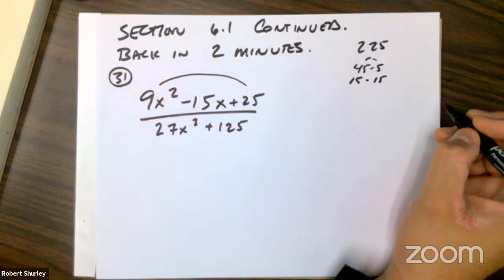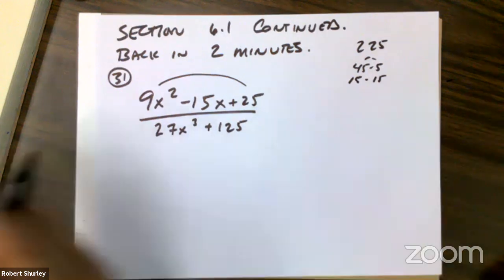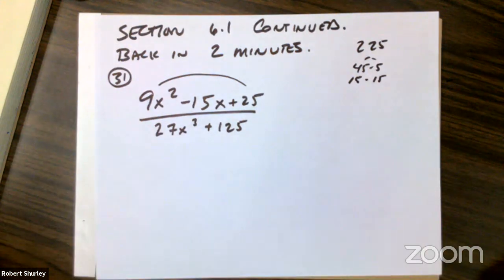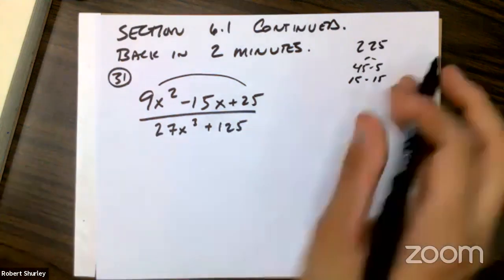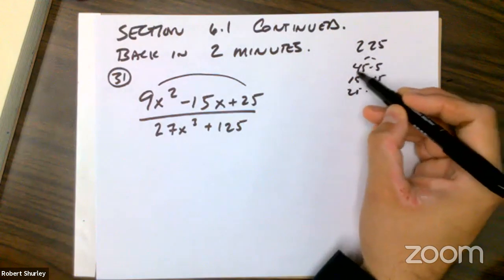How did you get 16? Amanda? Hang on, I've got to find my work that I did yesterday. Yeah, I looked at that. It's 25 times 9. And both of these have to be negative, right?